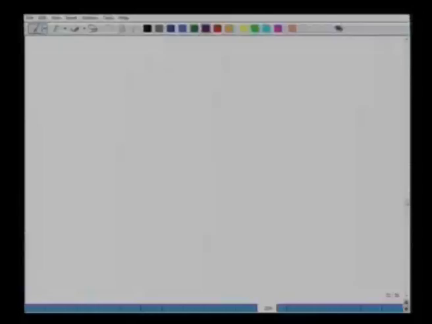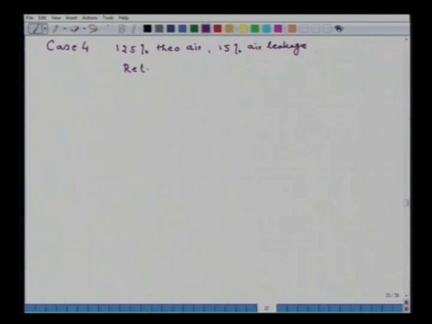Let us take now case 4. Case 4 comprises 125% theoretical air, 15% air leakage, but the relative efficiency of the regenerator is now 60%.